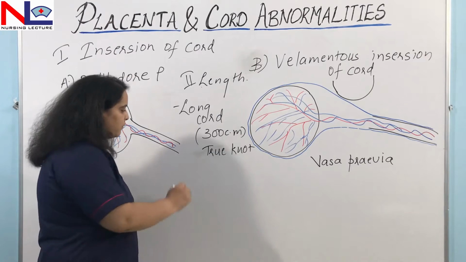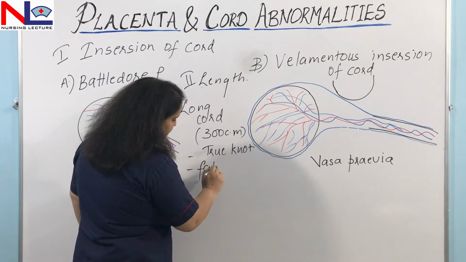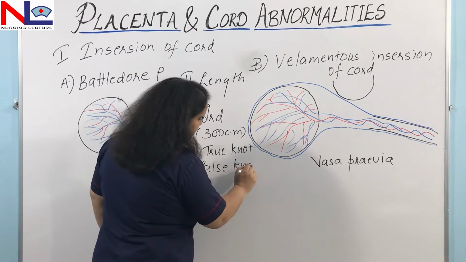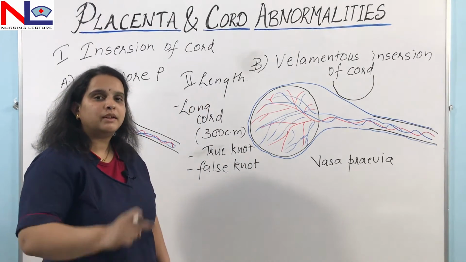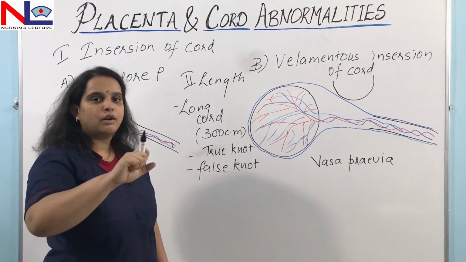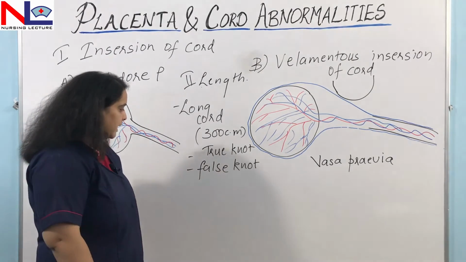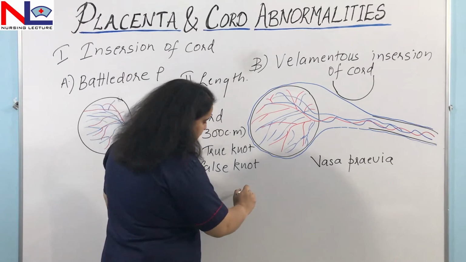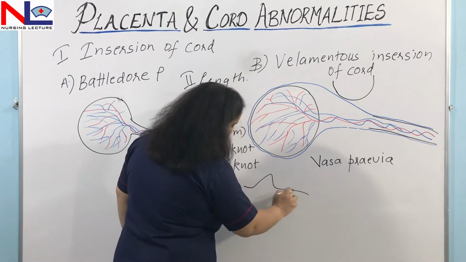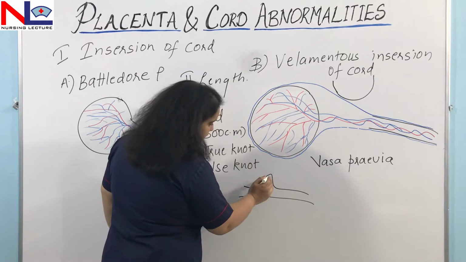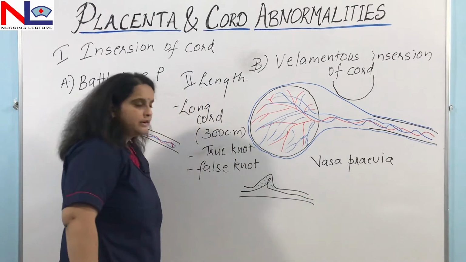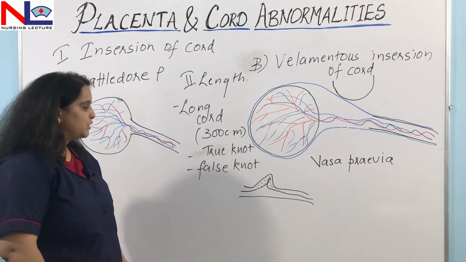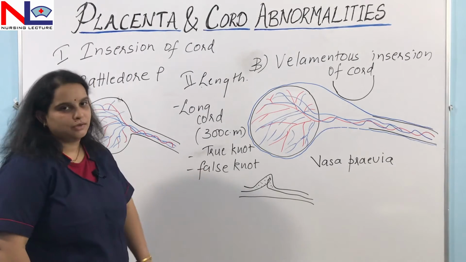Sometimes it may form a false knot, that is, not a real one, but there is an accumulation of Wharton's jelly, or there may be a vessel which is kinked or bent over here, and that causes a false perception that there is a knot over here. That is called a false knot.